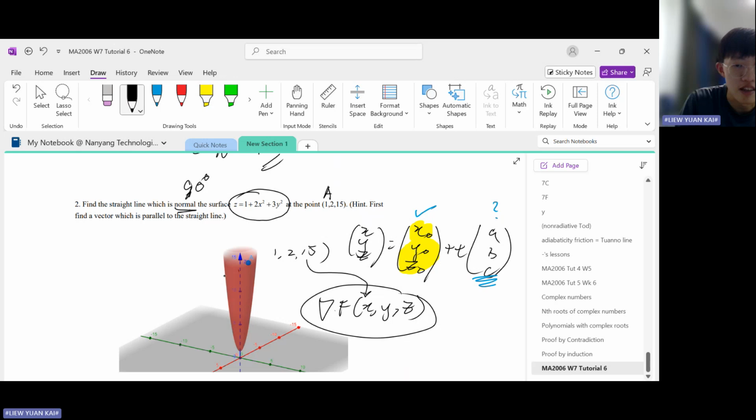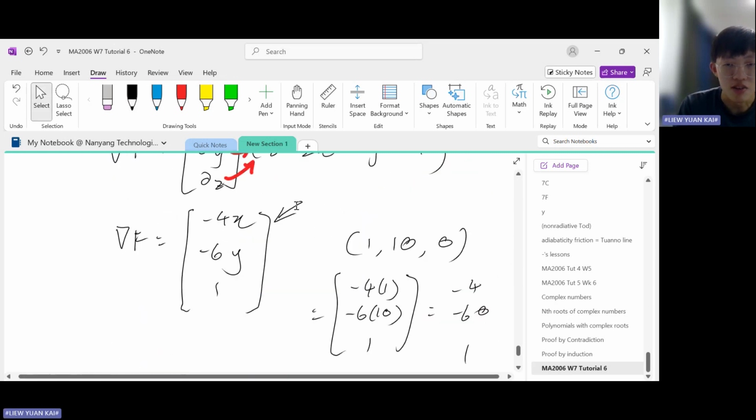So let's say this is (1, 2, 3), and I want to find the vector that's normal to the surface at (1, 2, 3). What I do is take my nabla f and plug in (1, 2, 3) into this function. This will give me a vector, which is the normal vector to the surface given by nabla f at that point.